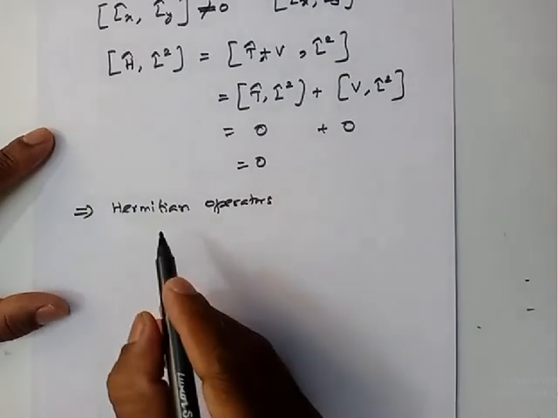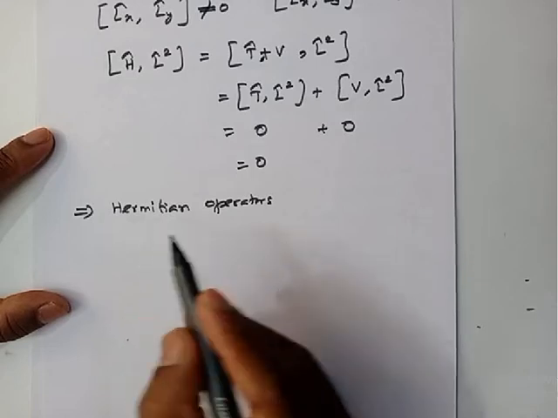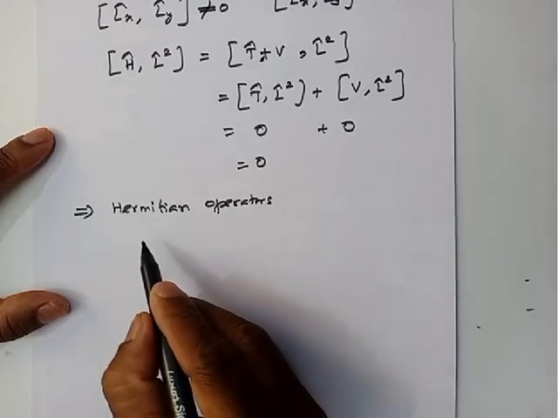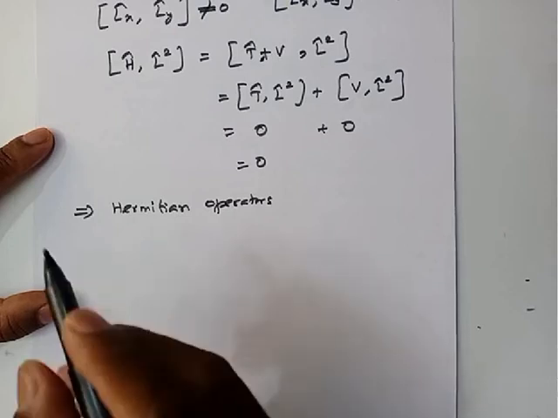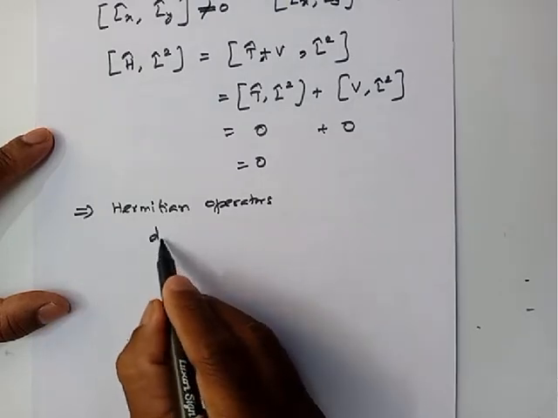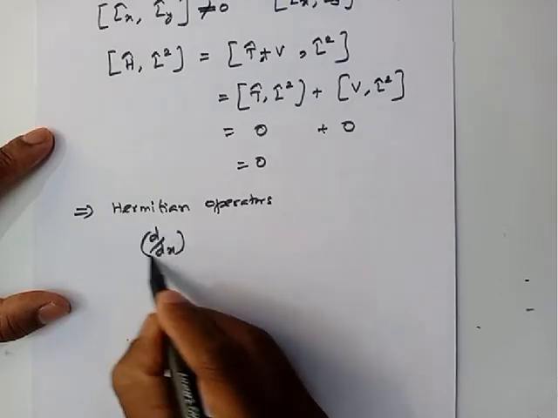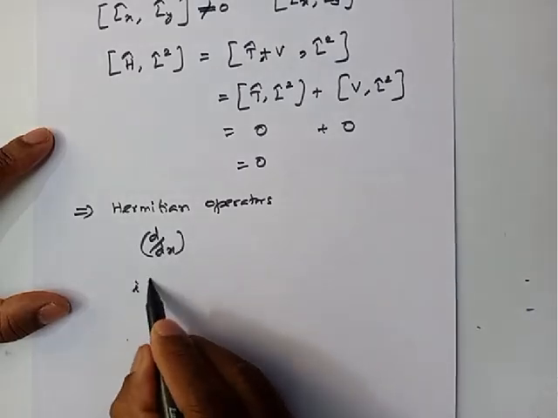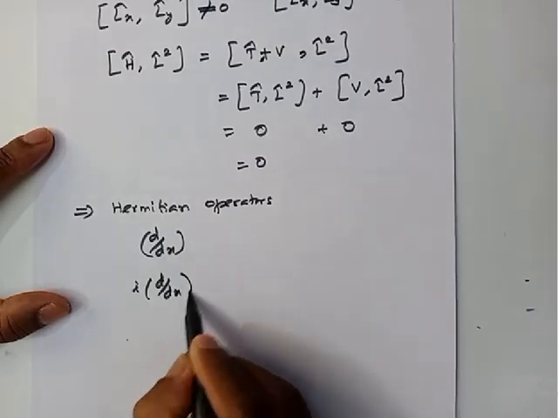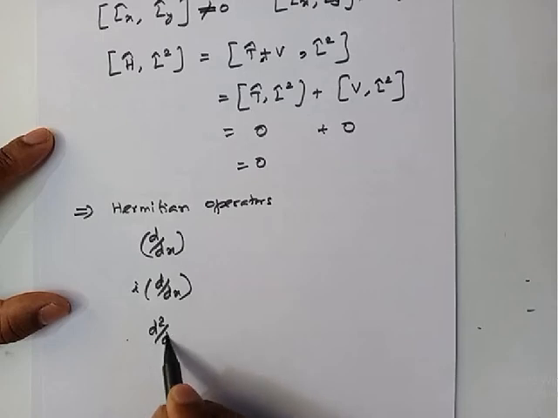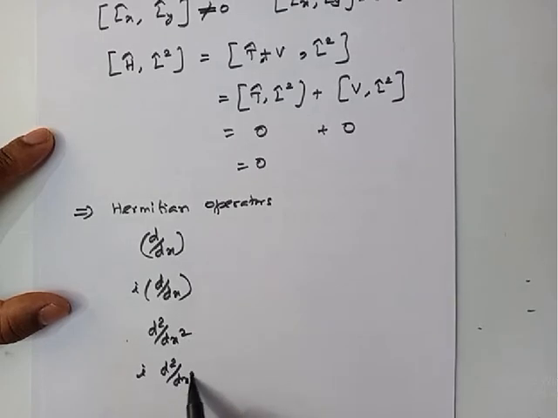Remember, I have given all these things already: d by dx, i into d by dx, d square by dx square, i into d square by dx square.